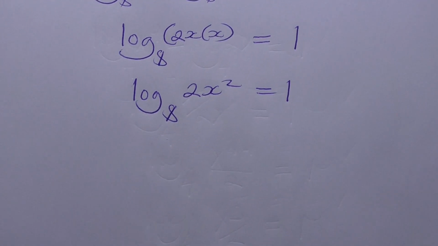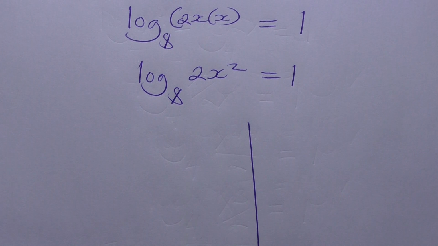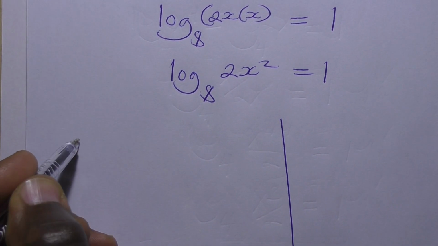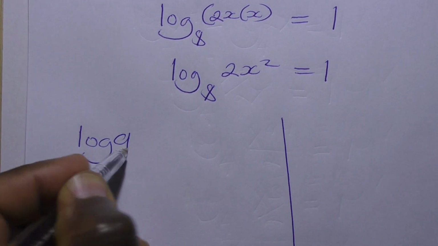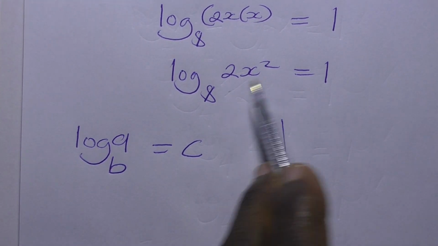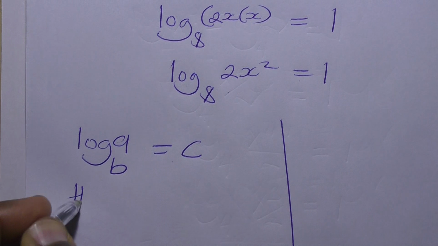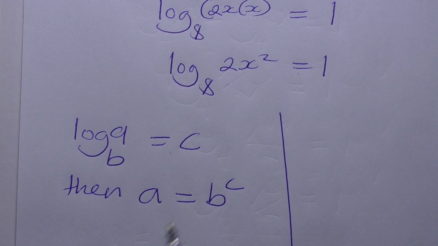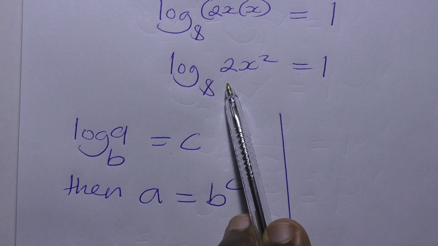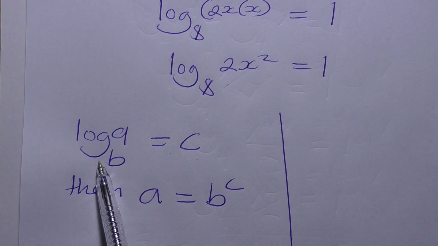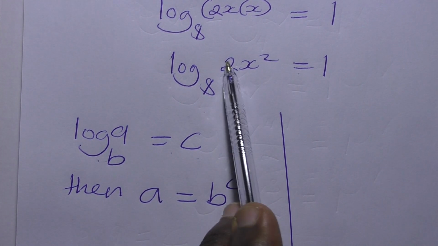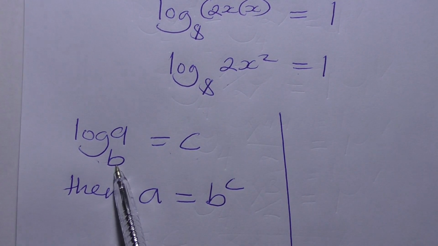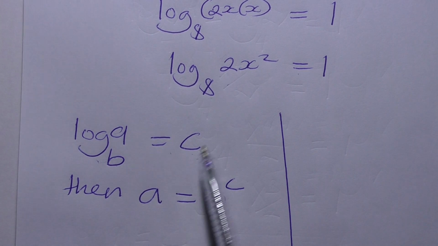Still, we have two ways of solving this. We saw that in our previous part, part B. One way of solving this is by bringing in a law which says that if I have log A base B equaling C, just like ours, in this format, then A equals B power C. So if we compare our last step with this one, A is equivalent to 2x squared, B is equivalent to 8, and C is equivalent to 1.